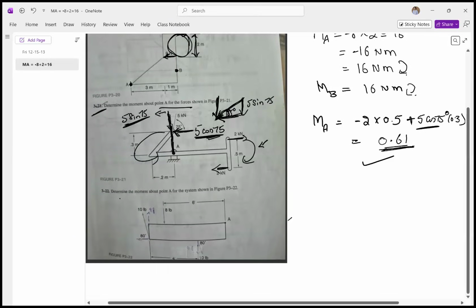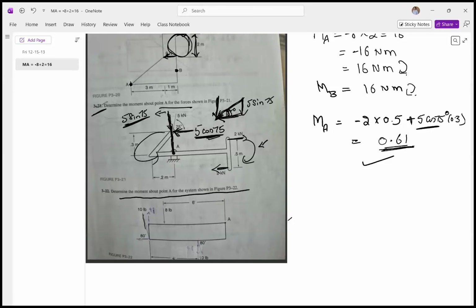Now let's look into the next question. In this one, again, the forces are acting at an angle. One force is acting in this direction, another force is acting in this direction, and this is the perpendicular distance, which is 4 feet in this case. So I cannot directly take these forces because the angle is not 90 degrees. So I have to find the component of this force.